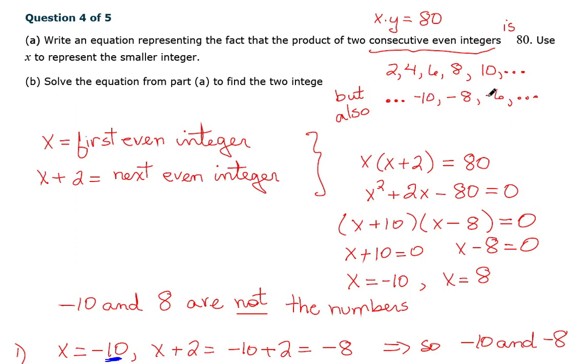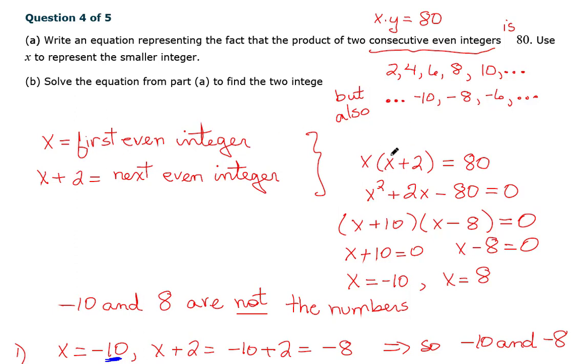These are consecutive evens as well. Well, what you should notice is if I start at any one of these to get to the next one, I have to increase by 2. So if x is the first one, then x plus 2 is the next one, regardless if they are positive or negative.